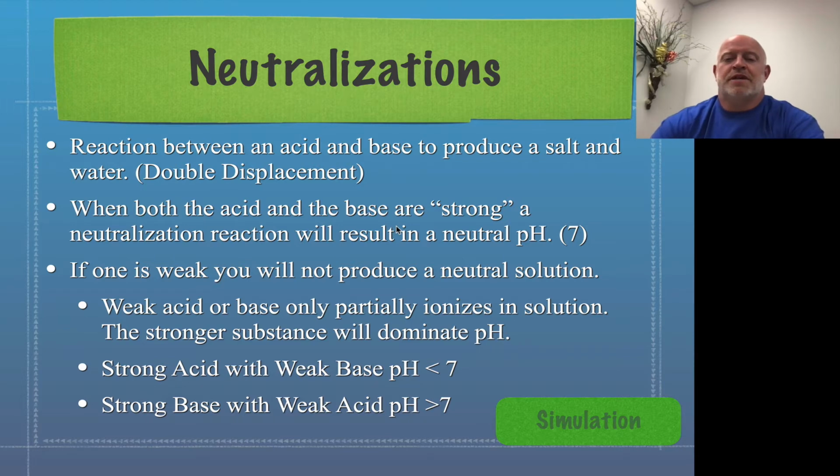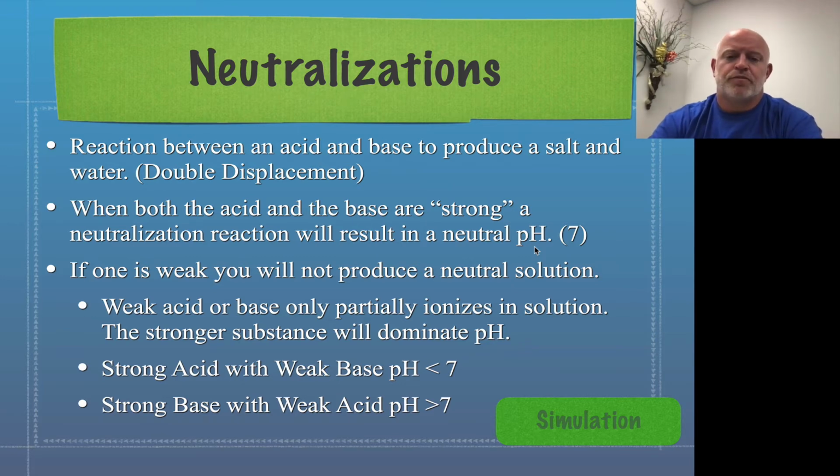And we do want to spend some time talking about what if they're strong or what if they're weak in this scenario. If both of them are strong, you have both a strong acid and a strong base, when they come together to neutralize each other, it's going to give you a pH of 7, at that neutral pH. That's where the term neutralization comes from. However, if you put a strong acid with a weak base or a weak acid with a strong base, we don't end up with a pH of 7.